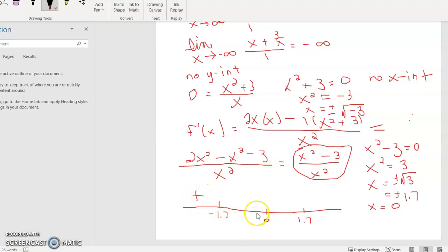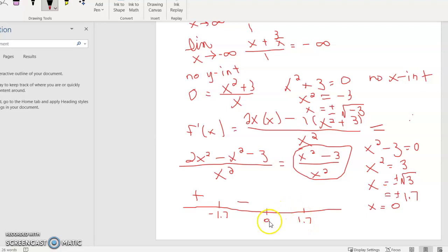Now let's choose something in between negative 1.7 and 0. Let's say negative 1. If I put that in here, I'll have 1 minus 3, that's negative on top, and negative 1 squared will be positive. So negative over positive, this is negative.